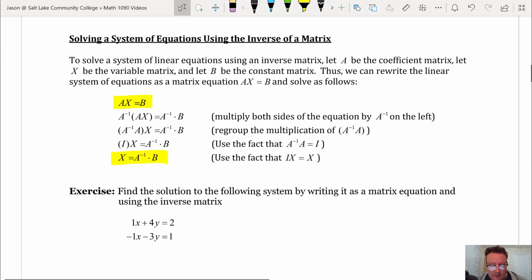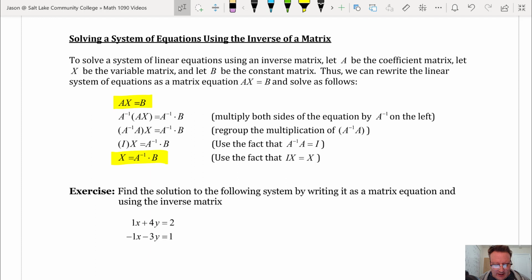Okay, let's get to the heart of the matter. Why do we want to be able to find the multiplicative inverse of a matrix? Well, because it allows us to solve systems of linear equations.